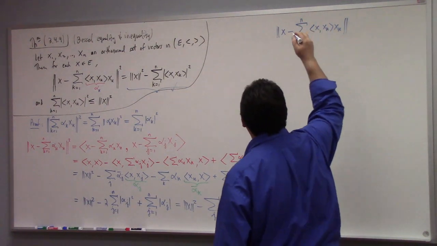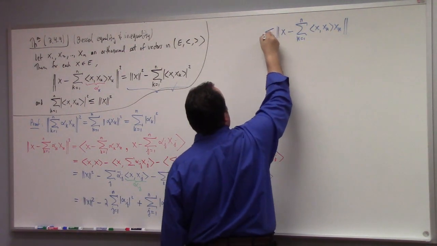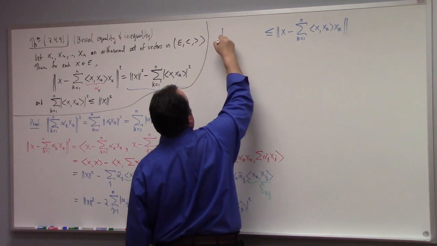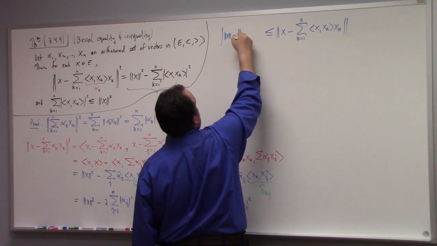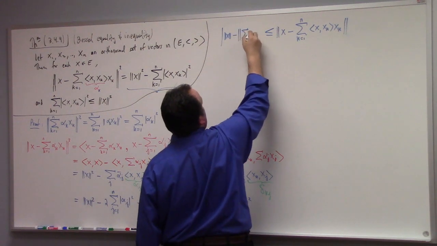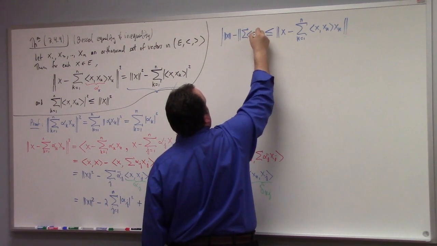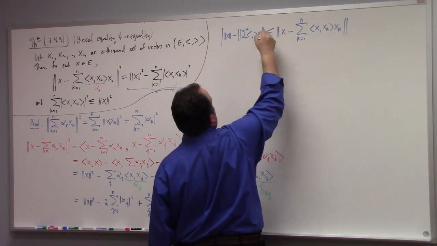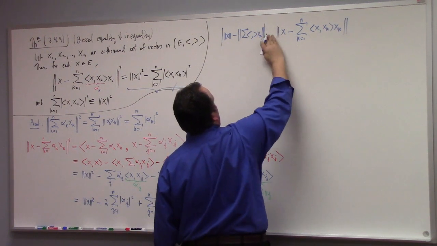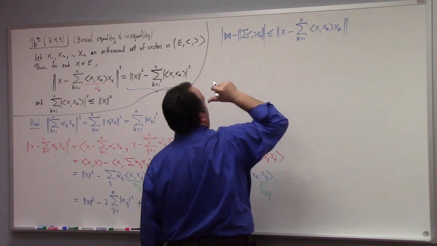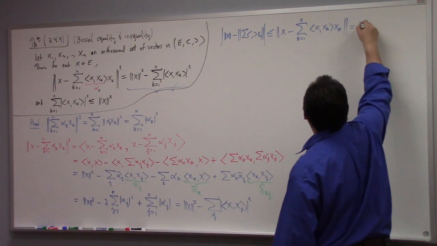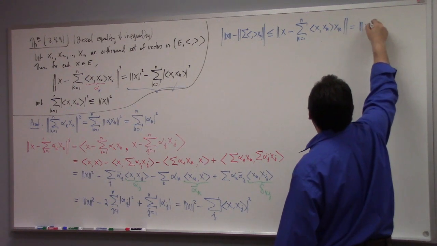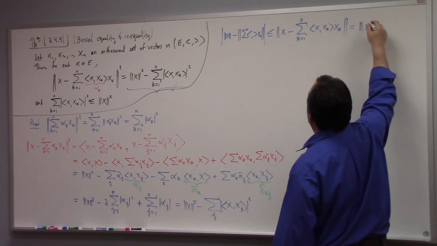What was the reverse triangle? I think we have this one, right? That's greater than or equal to the absolute value of what? The norm of x minus the norm of that. But this is equal to the length of x. Well, I guess I need to square it, yeah.